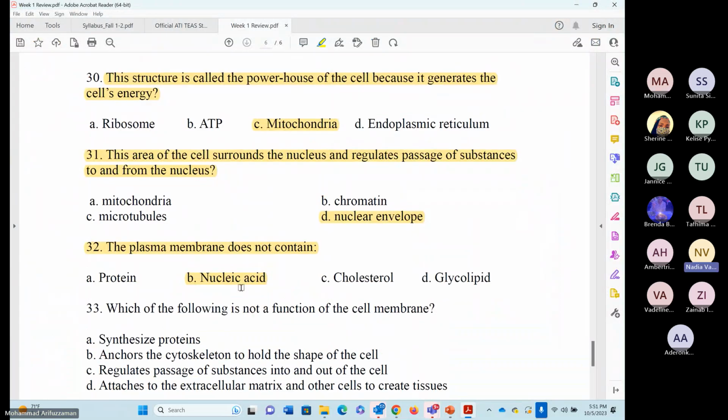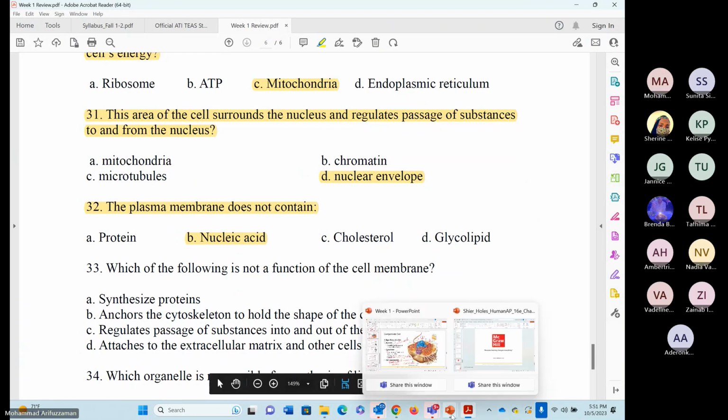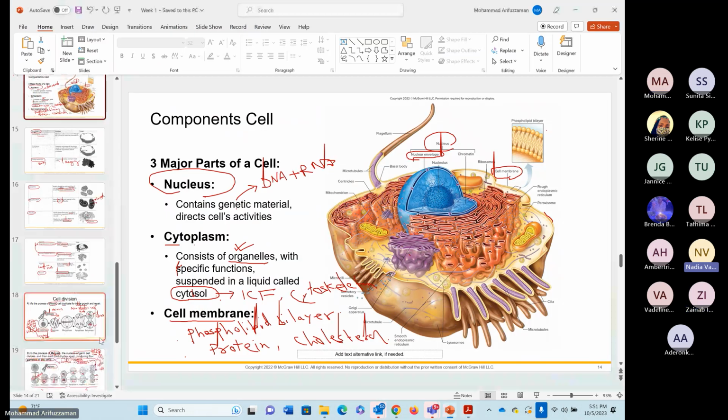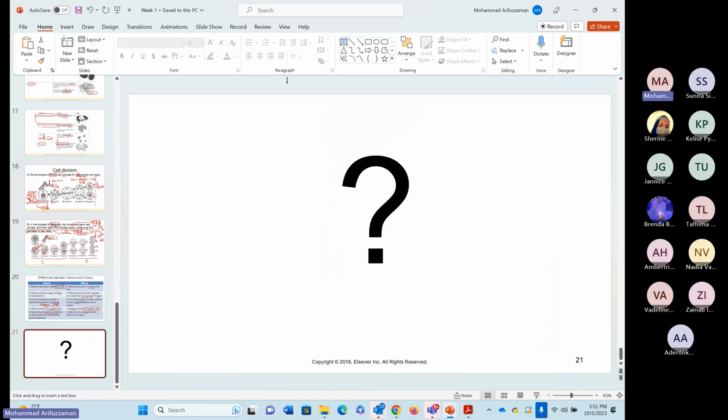Clear? So what are the types of nucleic acid? RNA and DNA. Correct. There are two types. Let me write here.